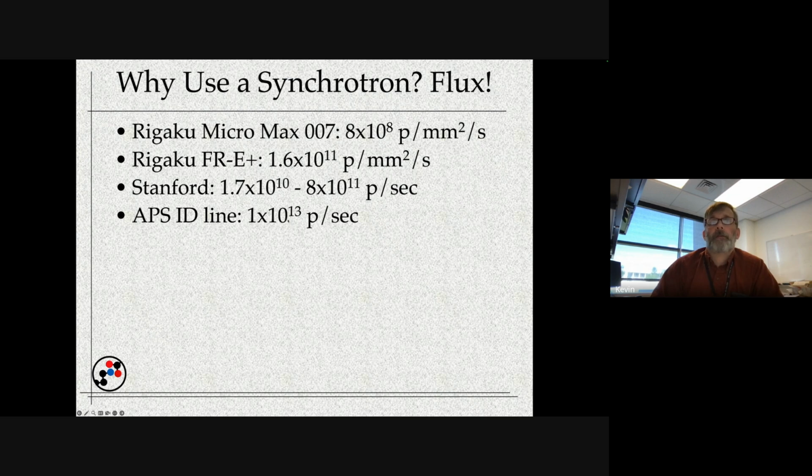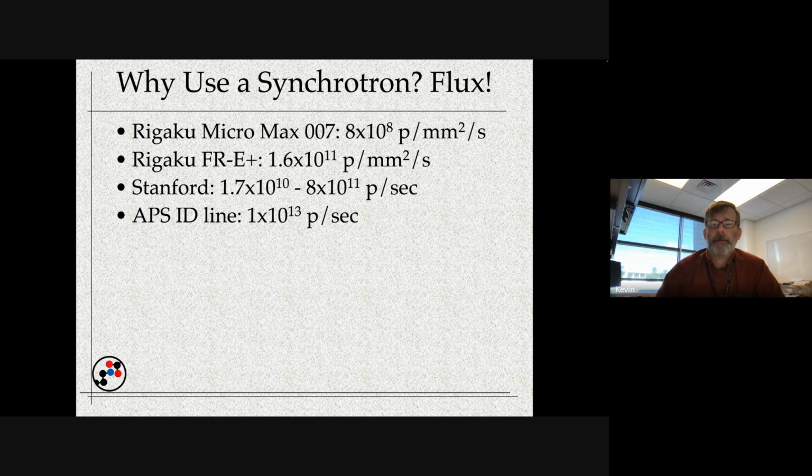And APS ID beamline can get you in the 10 to the 13ths photons per second. I think they can get 10 to the 14th photons per second here at NSLS2. So this is really the huge benefit to using the synchrotron, is just a significantly higher photon flux.